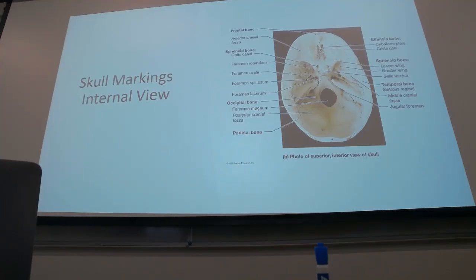So the ethmoid looks like this. It has a horizontal plate, and we're looking at the anterior view. And this is the ethmoid. So it has a horizontal plate and a perpendicular plate.